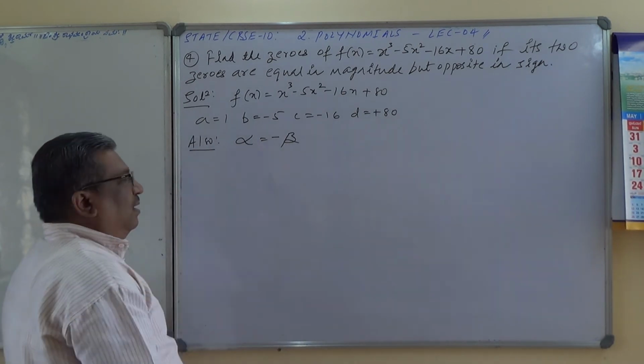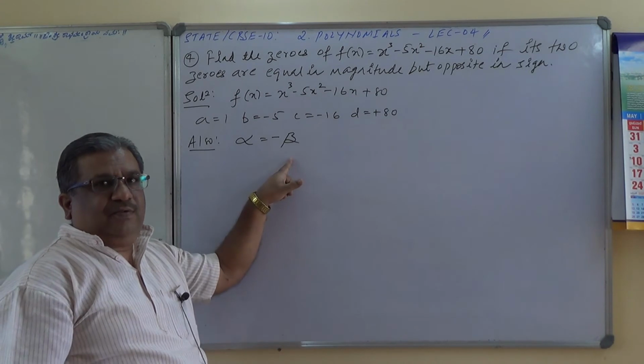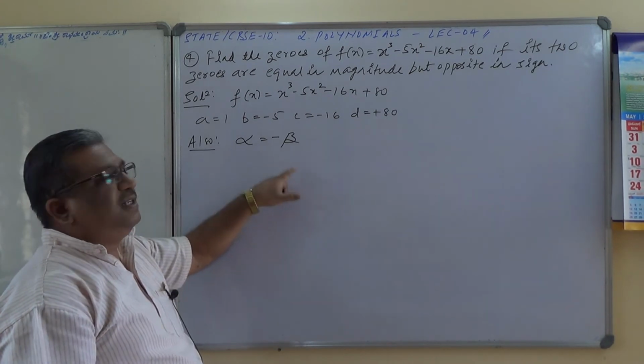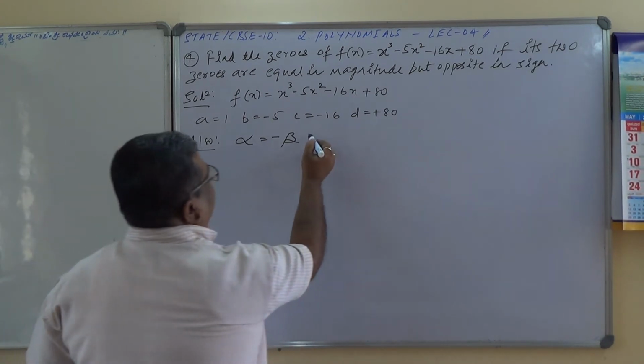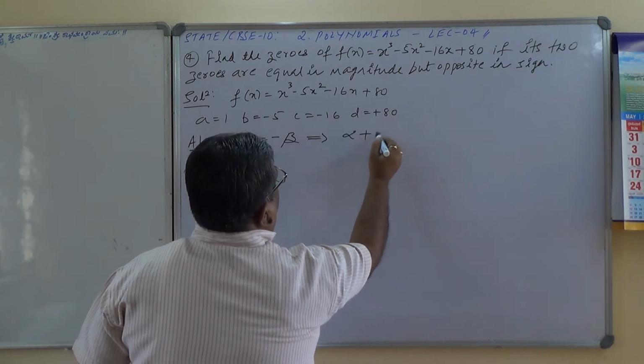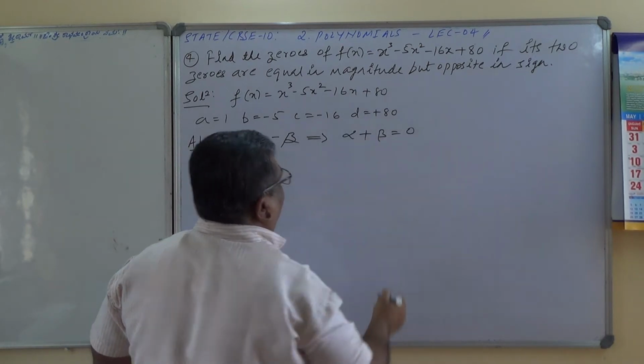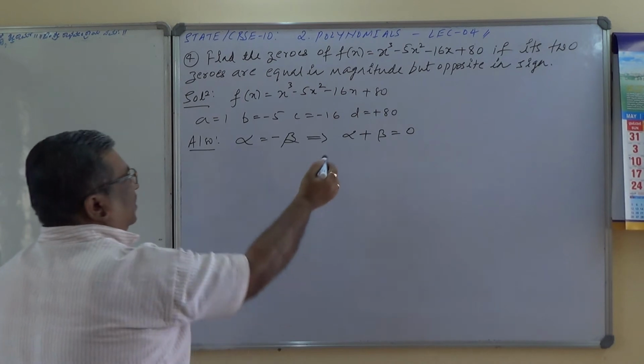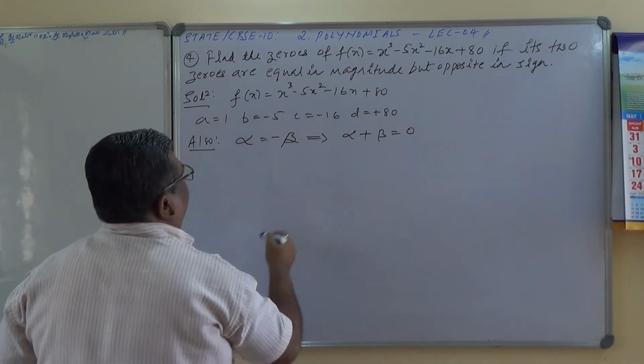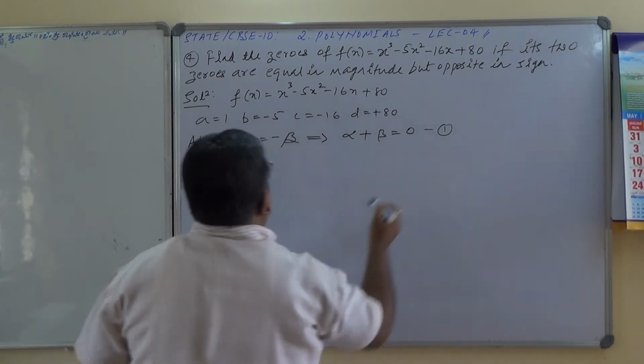Correct or not? Alpha equals minus beta implies alpha plus beta equals 0, isn't it? So this is what we have got here, and mark this as 1.